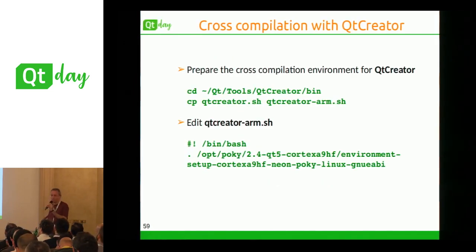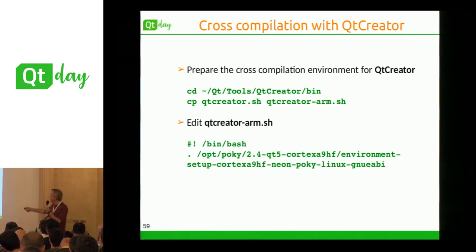How can I cross-compile? Here we have an interesting trick. If you want to cross-compile, you need to remember to set up the cross-compiler before starting Qt Creator. So the easiest way is to edit the Qt Creator sh launcher and add the cross-compiler environment configuration in the first line of the script.